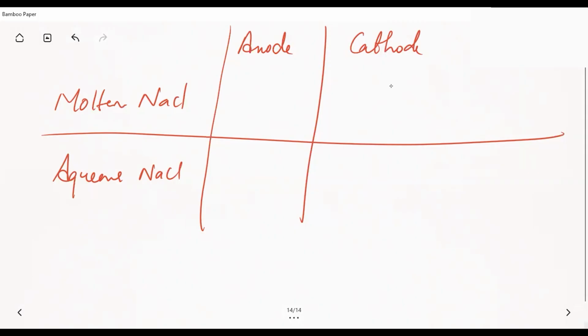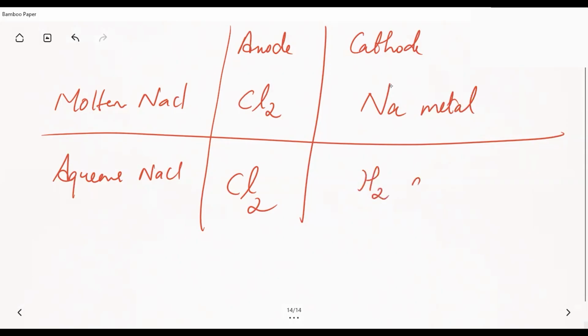So at anode, in both cases, which gas is produced? Chlorine gas. At cathode, in the case of molten sodium chloride, sodium metal will be forming, and here hydrogen gas will be released. If you are asked to write down the reaction, you should readily write it. Here chlorine gas is forming, right?